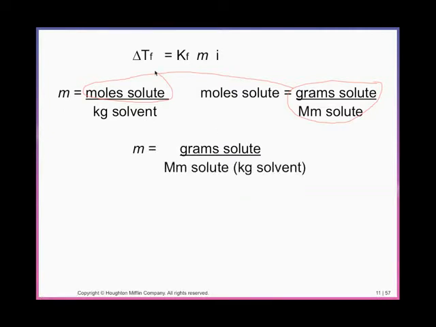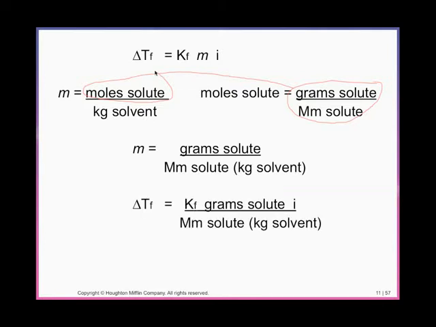Now I can take that and plug it into my overall formula. So if I take this whole thing here and put it up in here and replace m with that, I get this. Now you might say, well, this is too much for me to do, but really this one formula has everything in it.